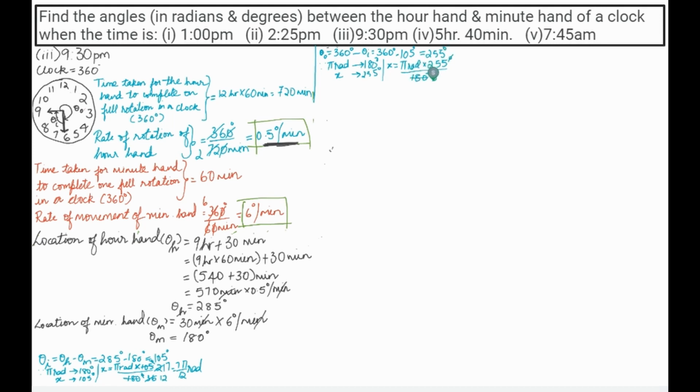We get 36. 5 into 36 is 180 degrees. 5 into 5 is 25. Remainder is 5. 5 into 1 is 5. So 3 into 12 is 36. 3 into 1 is 3. So remainder is 2. So 21. 3 into 7 is 21. So we get 17 pi by 12 radians.